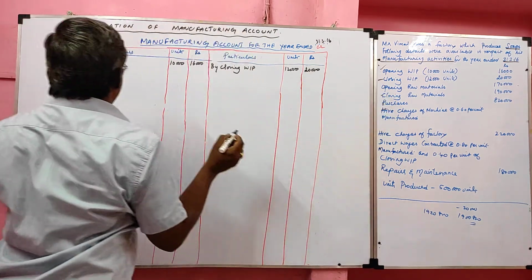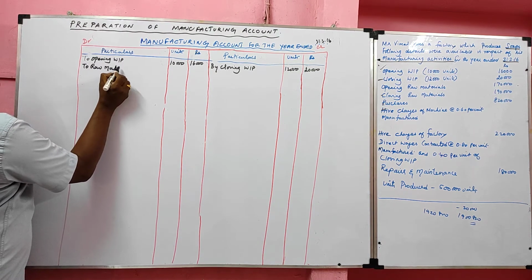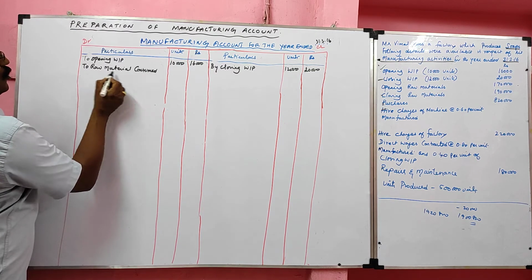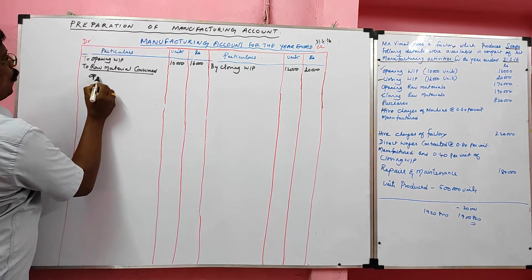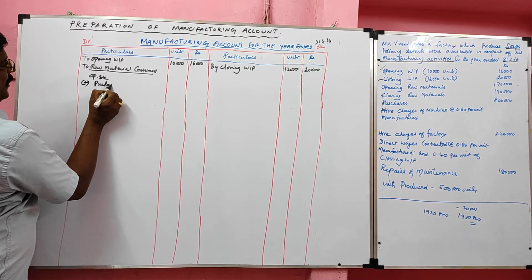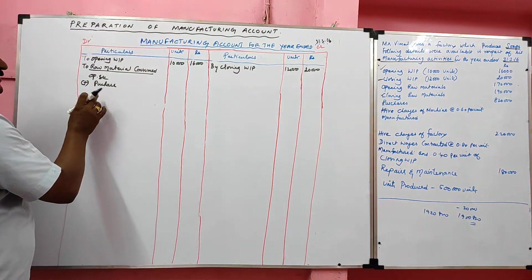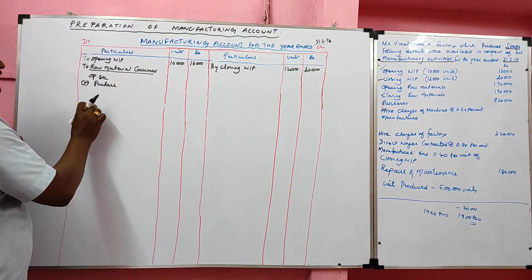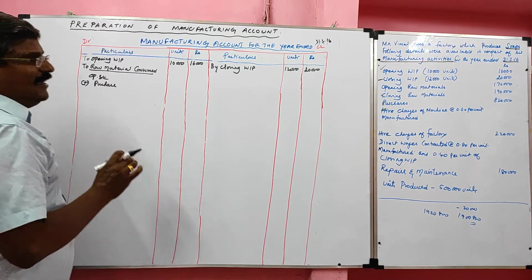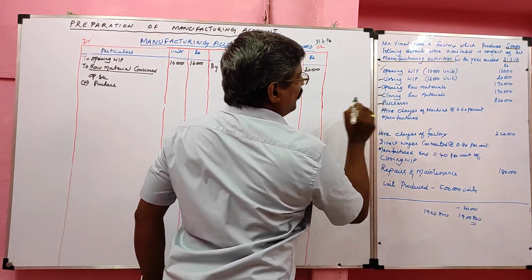Next, raw material. We have to find raw material consumed, or we can write direct material also, or raw material used. What is the format? Opening stock of raw material plus purchase of raw material plus carriage on purchase of raw material minus purchase return, then minus closing stock of raw material. Here opening stock, closing stock and purchase, these three only are given.